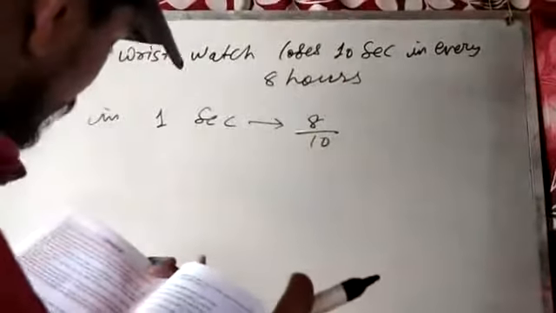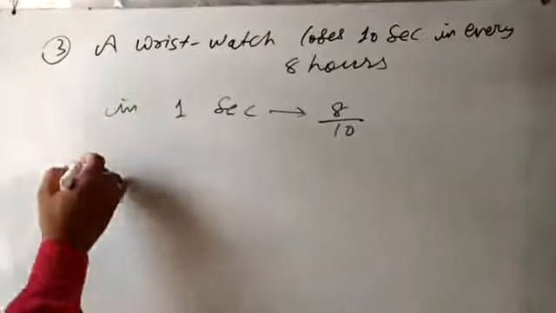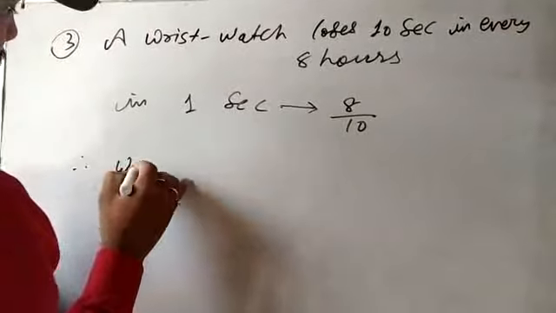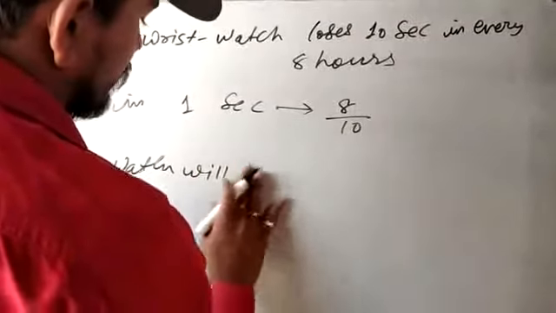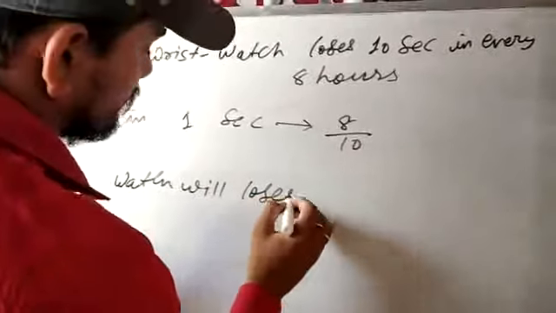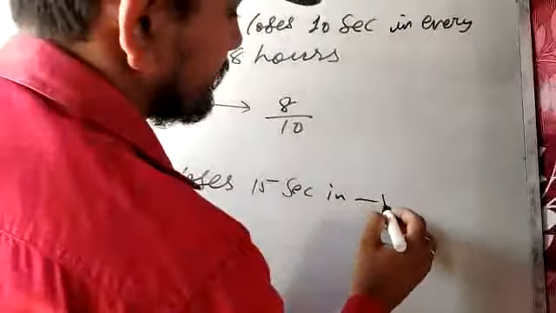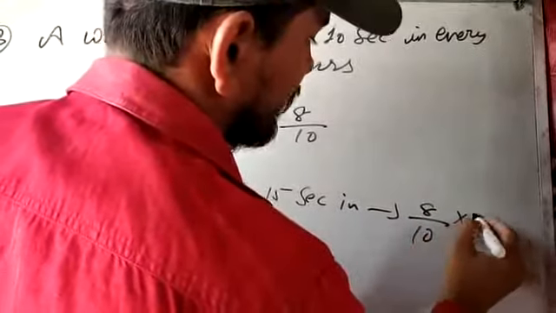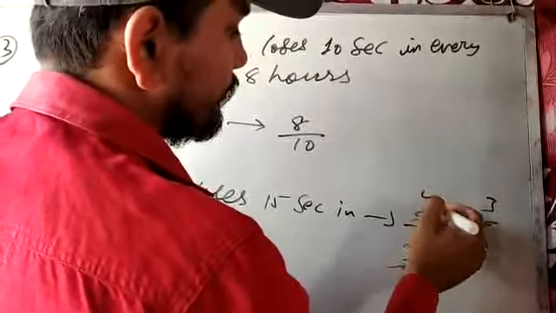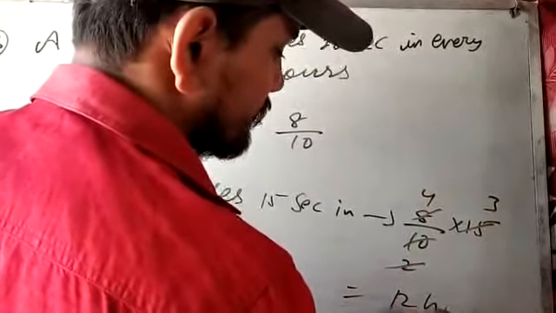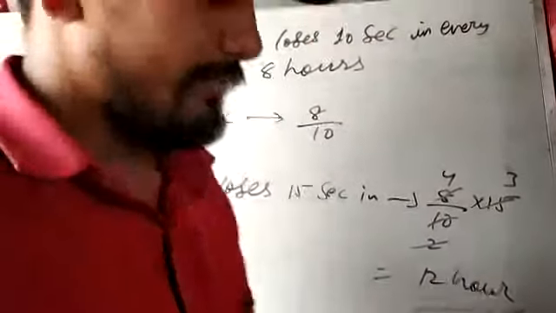We have to find in how much time it will lose 15 seconds. The watch will lose 15 seconds in 8 by 10 into 15. 5 2s are 10, 5 3s are 15, 2 4s are 8, 3 4s are 12 hours. So it will take 12 hours.